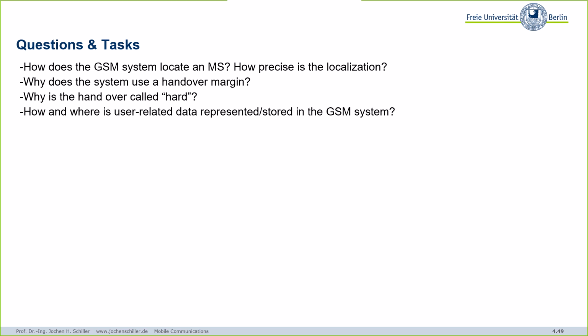Okay, now to a new question, handover margin. Why do we need this handover margin? Why don't we simply switch over when another station is stronger?